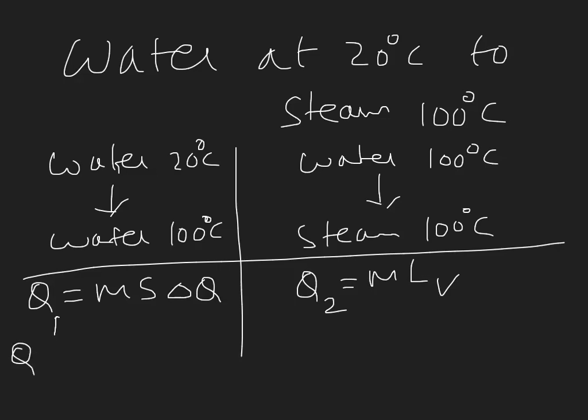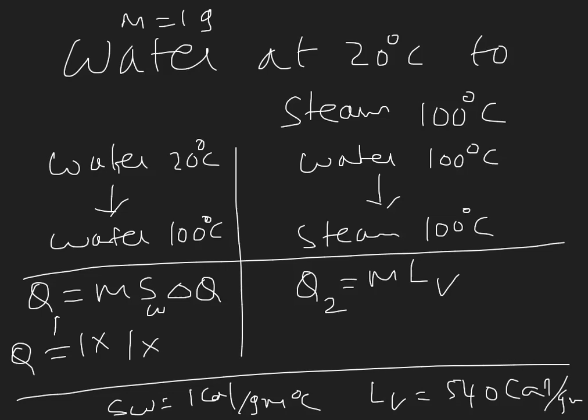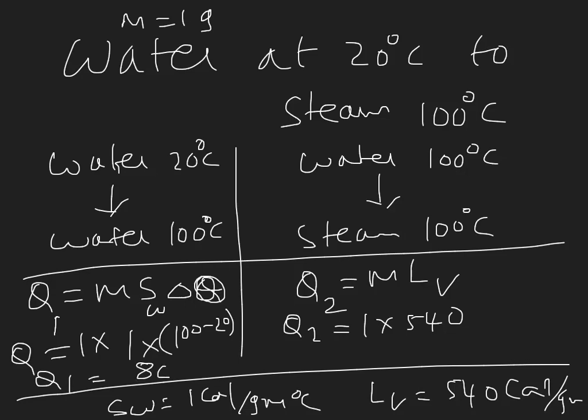So Q1: let us take mass as 1 gram. Specific heat of water is 1 calorie per gram per degree centigrade, as I already told you. Latent heat of vaporization is 540 calorie per gram. So these are things you know already. Delta theta, the temperature difference, is 100 minus 20. So Q1 is 1 into 80, which is 80.